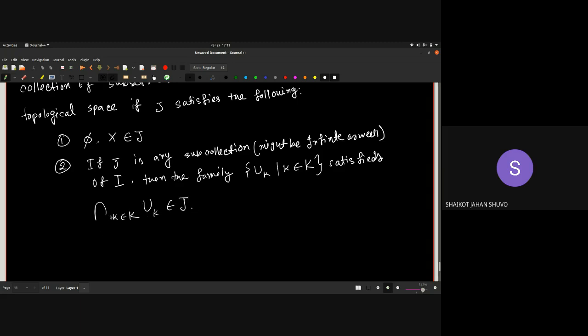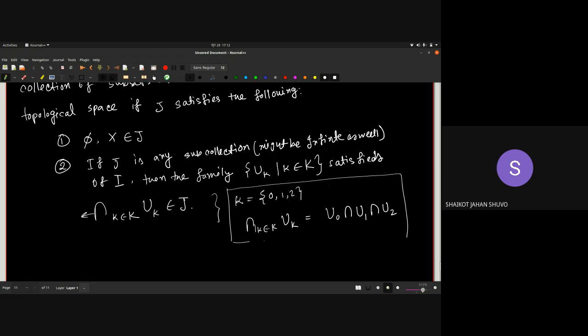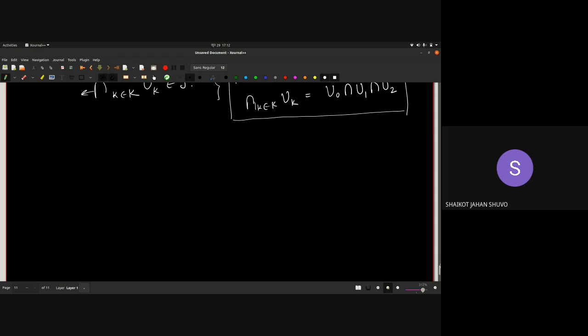This is an intersection symbol, or so to say the cap symbol. You can think of it as, let's say, this capital set K consists of 0, 1, 2. Then this thing over here is nothing but the intersection of U_0 with U_1 with U_2.